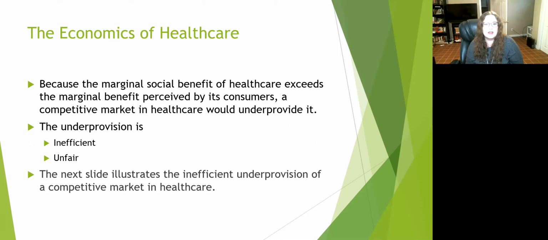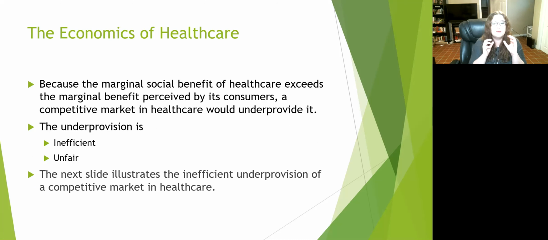So there's the economics of healthcare, right? Because the marginal social benefit of healthcare exceeds the marginal benefit perceived by consumers. So the benefit that I think I have is actually less than what the marginal social benefit is, because none of us really think about what our healthcare utilization is going to be accurately. That means that if we left it completely to the competitive market, which does a pretty good job for most people, there's still going to be an underprovision.